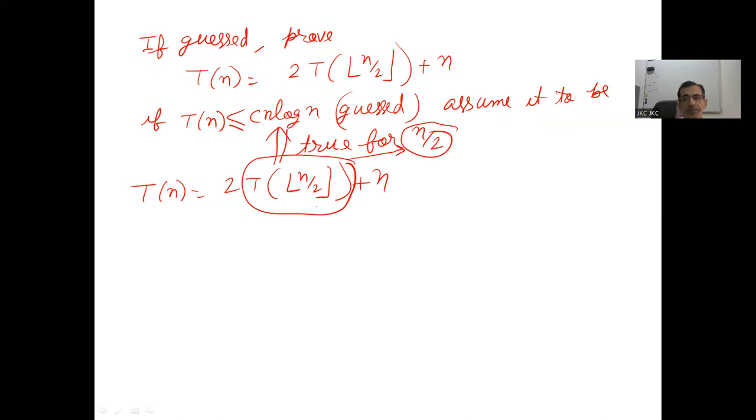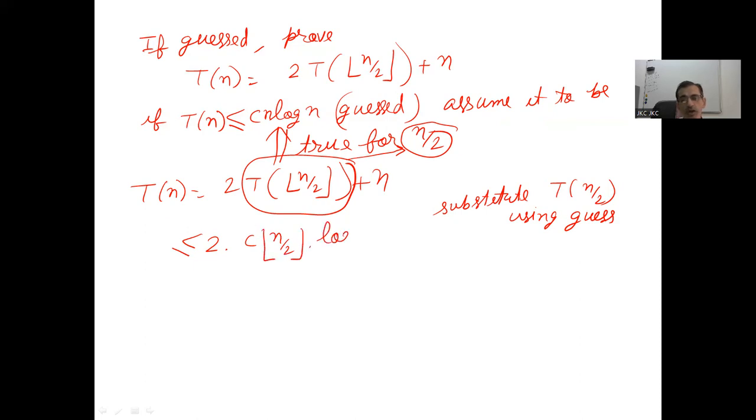So now I can substitute the value of T(n/2) using the guess. Because I have assumed the guess is correct, this will become less than or equal to 2 into C, n by 2 floor, into log of n by 2 floor.